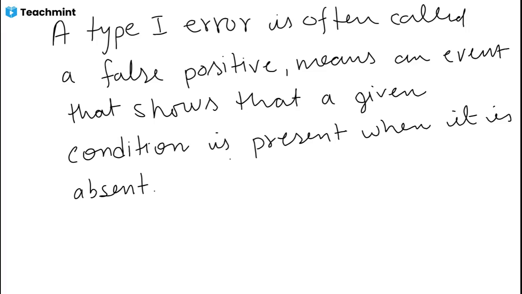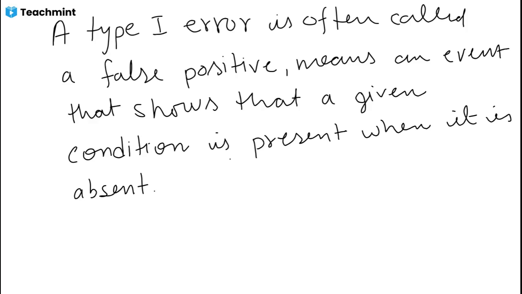What it means is we have a given condition that is true, which we have considered in the null hypothesis, but it is rejected. It is true but still rejected, so we can say a type 1 error has appeared. You got it? Yes, ma'am.